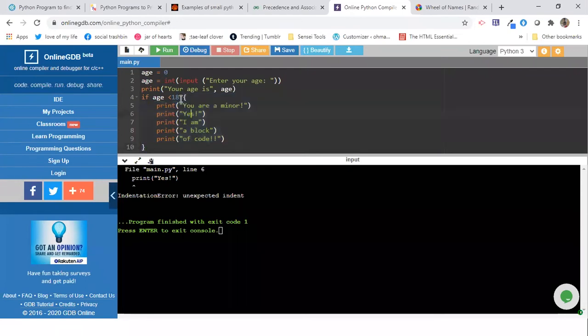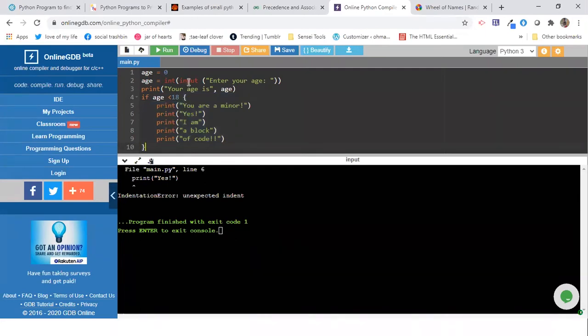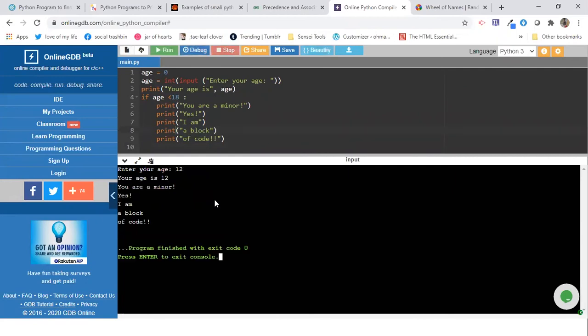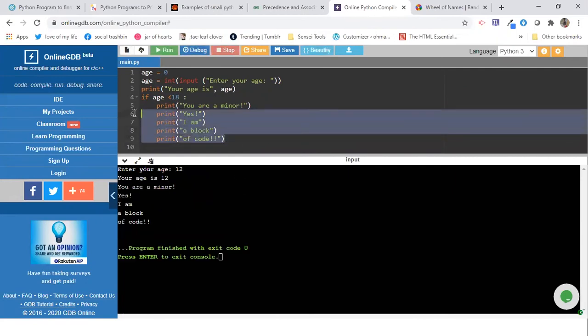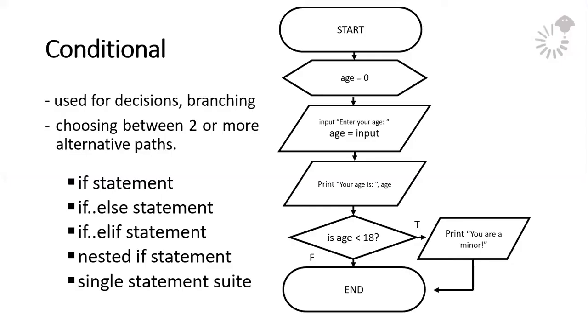Ito yung kailangan niya gawin kapag nag-true. Ito yung scope niya. Pero since wala tayong curly brace sa Python, this is an error. Wala tayong curly braces. What we use instead is colon instead of curly braces. Klaro? Yes po. Okay. Next.